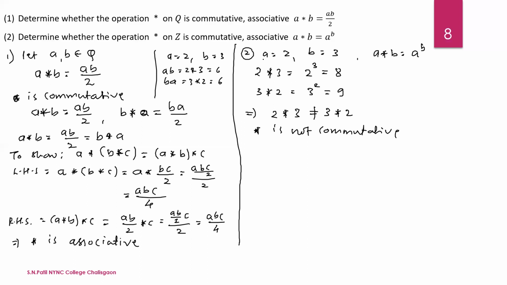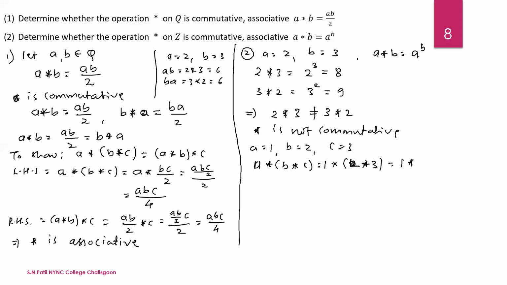Similarly, we can show the associativity. For that, we take A is equal to 1, B is equal to 2, and C is equal to 3. So first, A star in bracket B star C, that is 1 star in bracket 2 star 3, is equal to 1 star (2 star 3).